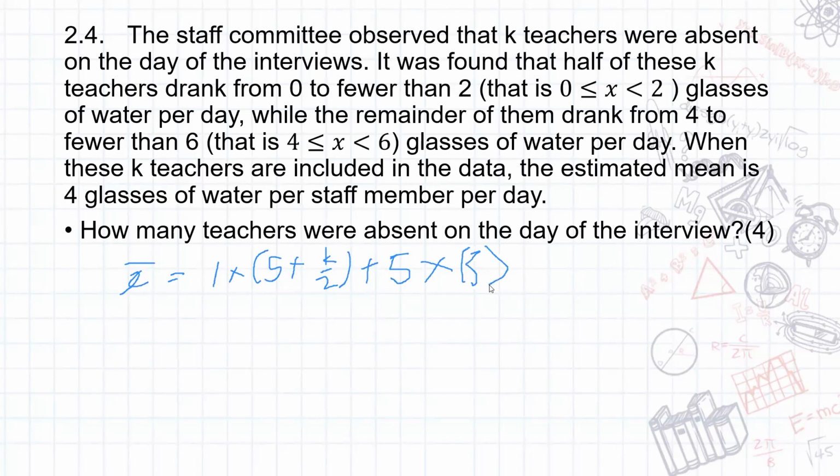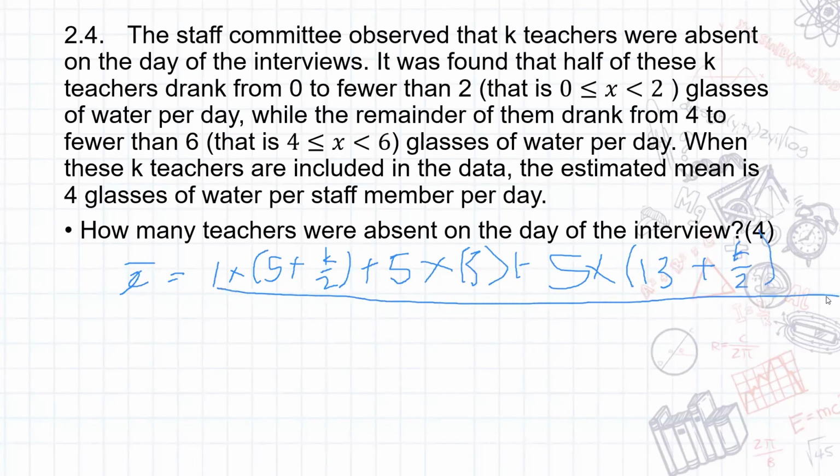Then the next one, our midpoint is 5, and this we are also told has the rest of the values of k. So it's going to be 5 times the 13 that were originally interviewed plus the k over 2 extra teachers. And that is all over something.